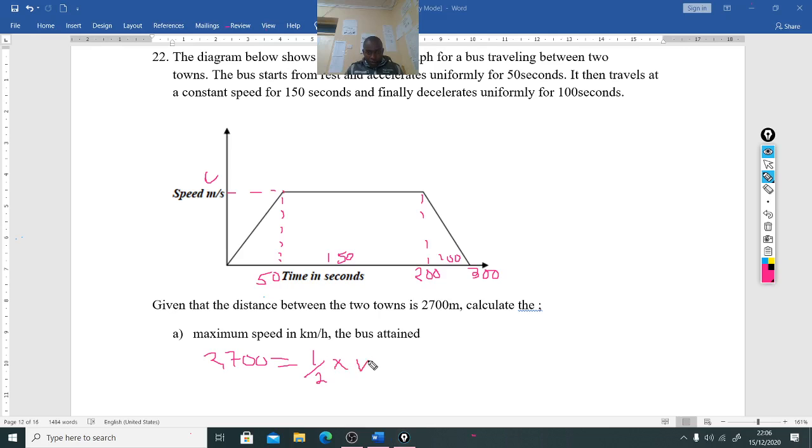Height in this case is v in meters per second. So a, from here to here, is 300, plus from here to here is 150.